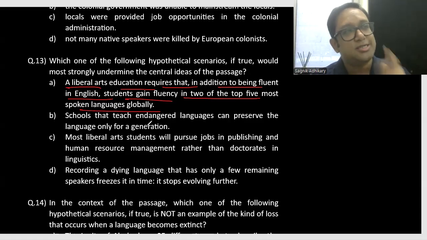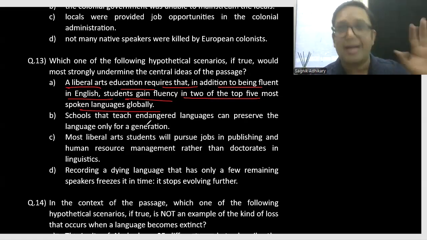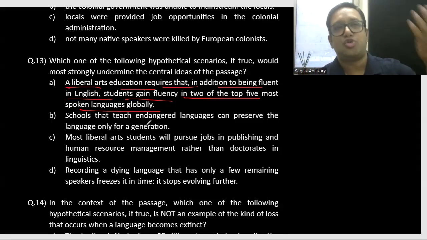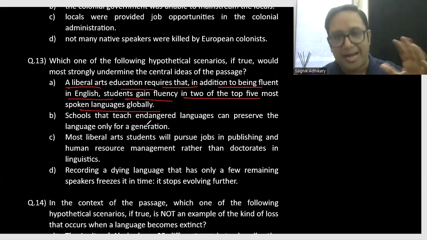We remember that the second paragraph talked about a dominant language drowning out other languages. When one language became dominant, people would migrate to that language. They would drop out of the practice of speaking their own native language and thus forget their native language, forget their native culture.